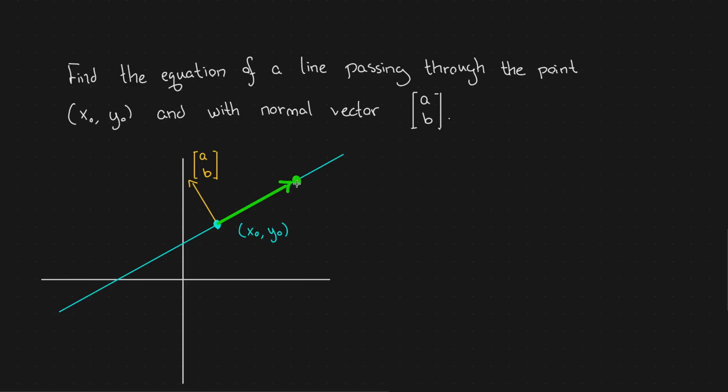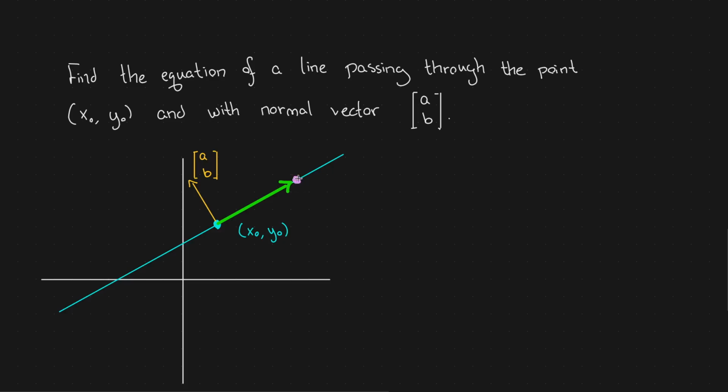Okay, so let's take a point here. This point is maybe x, y. Okay, not vector x, y, point x, y. Actually, maybe I should do it in a different color just to distinguish it a little bit.